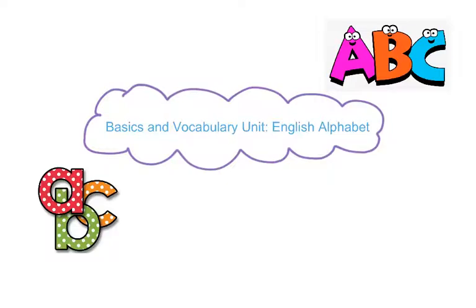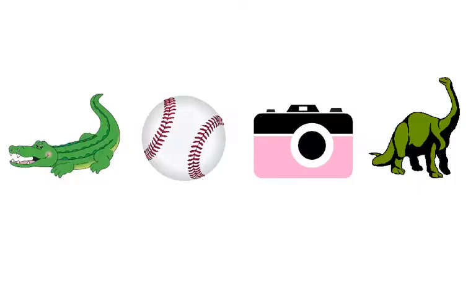This is the English alphabet lesson. Let's go ahead and learn our ABCs. Now, many of you, when starting off with English, like any other language, must know the lexical aspects of that language.